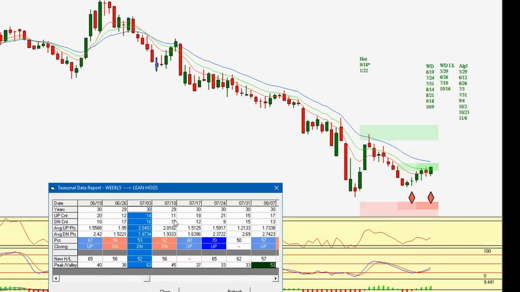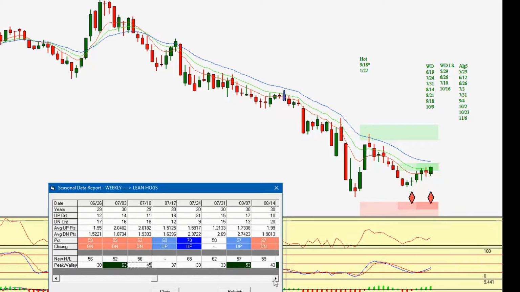So we had a weekly F date for 7-10, and we had the seasonals for 7-3. This screams that your weekly swing bottom would likely occur on week 7-10, or potentially one week prior rather than one week after, just because of this right here. And this is strong, and it was on the money.